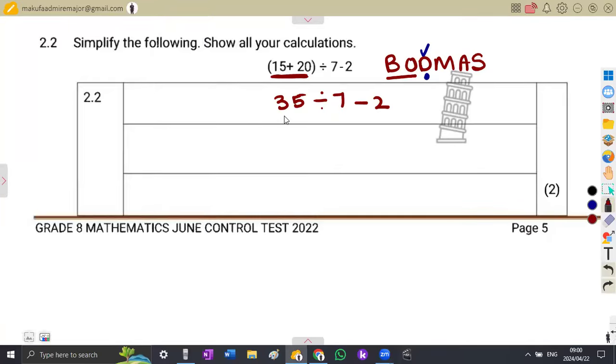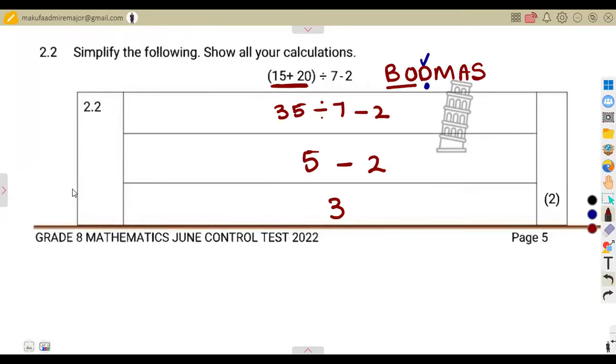So from dividing these two numbers, we obtain 5 minus 2. 5 minus 2 is what? Is 3. So on this one, you are going to have 3 at the end. Okay, so make sure you present your work properly. So that was what you had on this part.